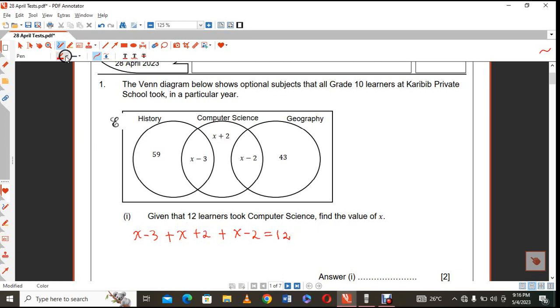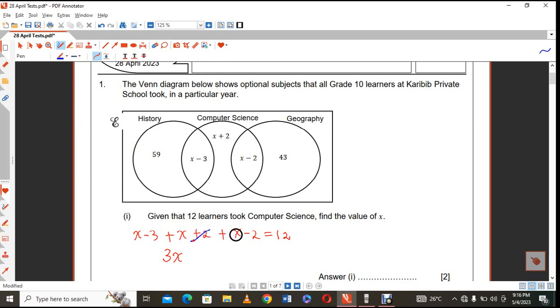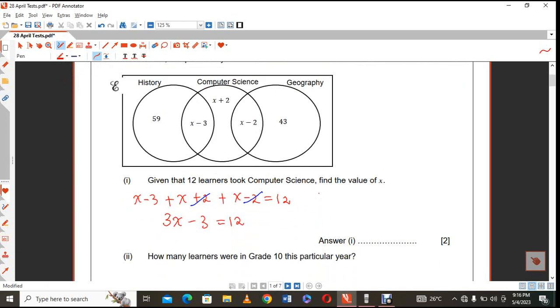So the objective is to try to solve that equation. So when you add the x's together, that's x plus another x, gives you 3x. And the nice thing, you can see that the positive 2 and this negative 2 sort of cancel out, leaving you only with that minus 3 equals to 12. So from here on, you can actually solve that equation.